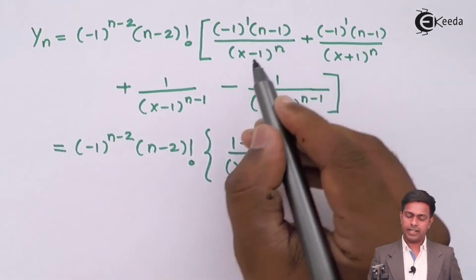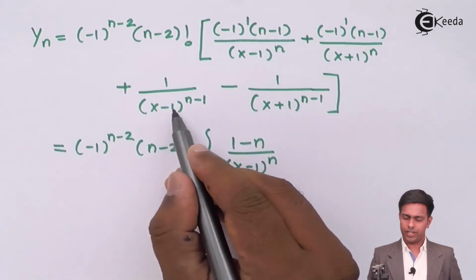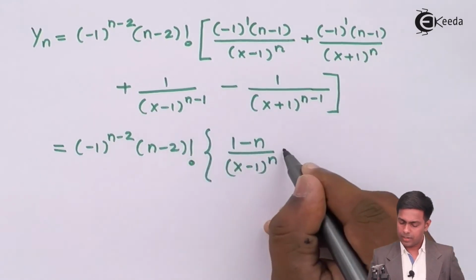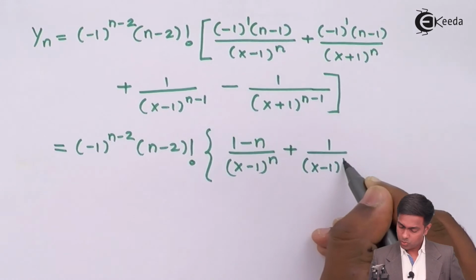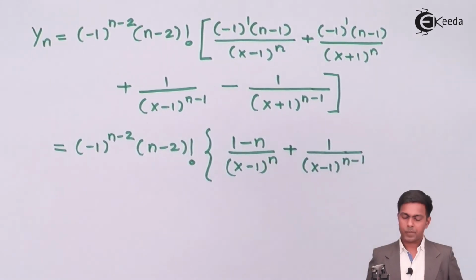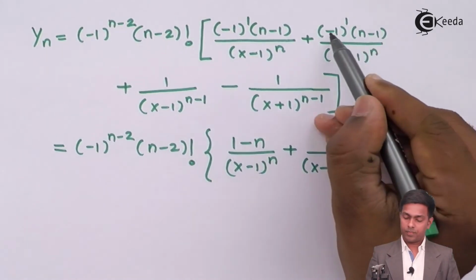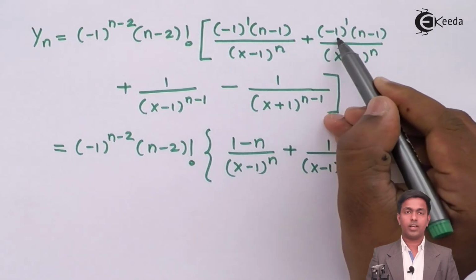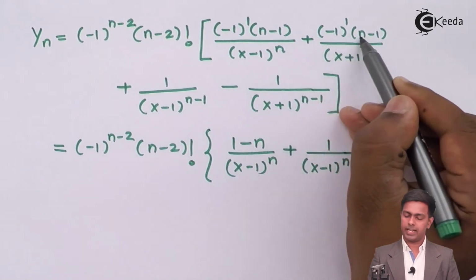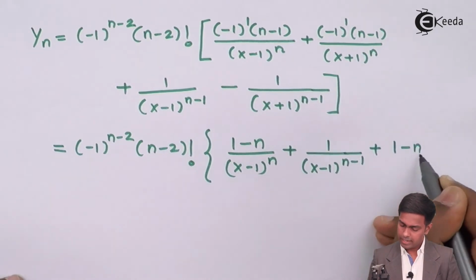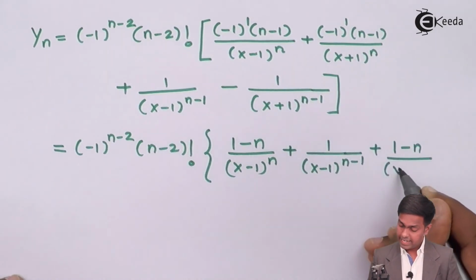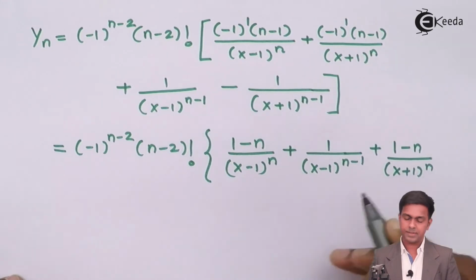Next, with that, I'll take this term because here the denominator is same. So I'll say plus 1 upon (x minus 1) raised to n minus 1. Next, here (minus 1) raised to 1 minus 1. So this is minus n into plus 1. So here I'll say (1 minus n) upon (x plus 1) raised to n.